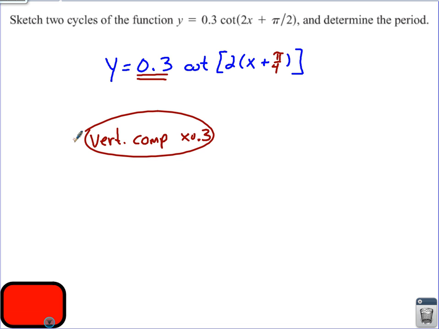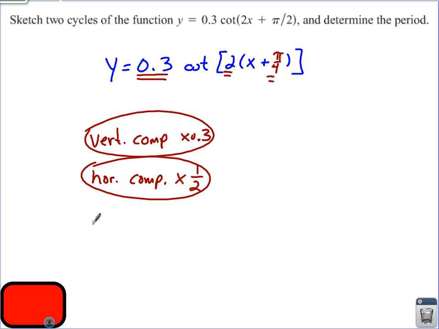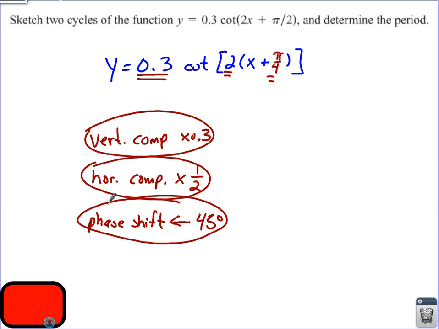That's one of your transformations. What does the 2 do? Horizontal compression times half. That's your second one. What does the pi over 4 do? Yeah, and they actually call it a phase shift. A phase shift left 45 degrees, if you want it in degrees. There's all your transformations there, and here's your actual graph.